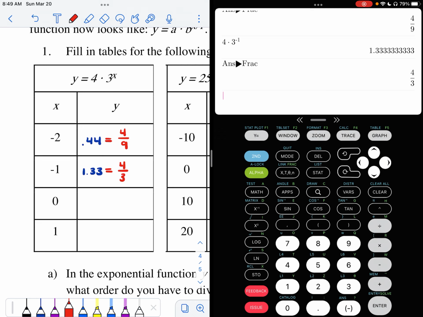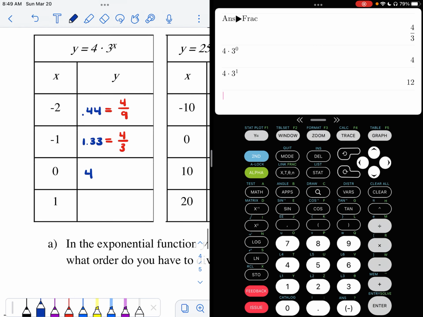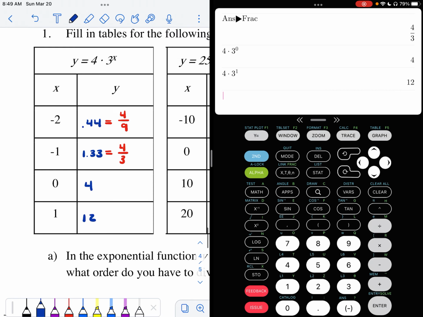Next, plug in a 0. 4 times 3 to the power of 0. That one's just 4. And then plug in a 1. So 4 times 3 to the power of 1, and we get 12.